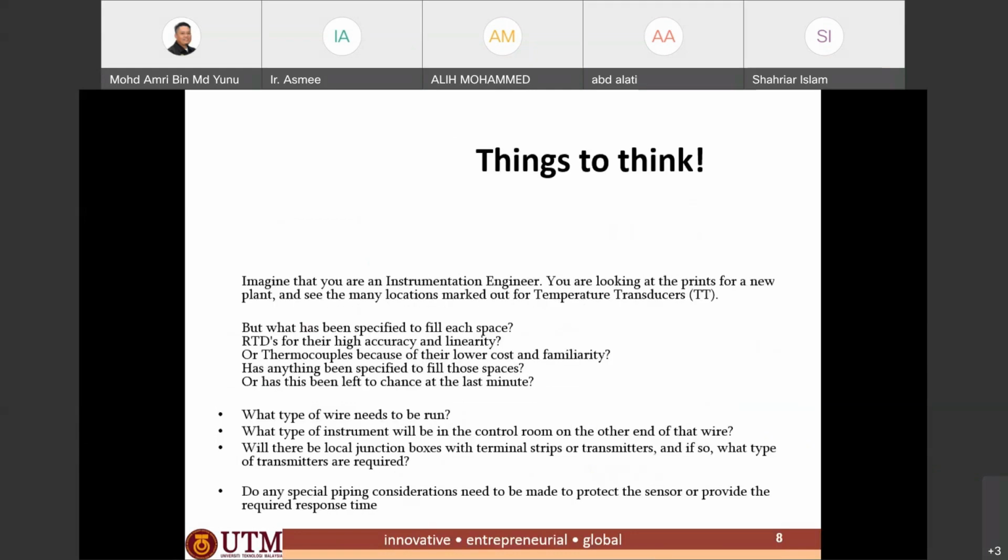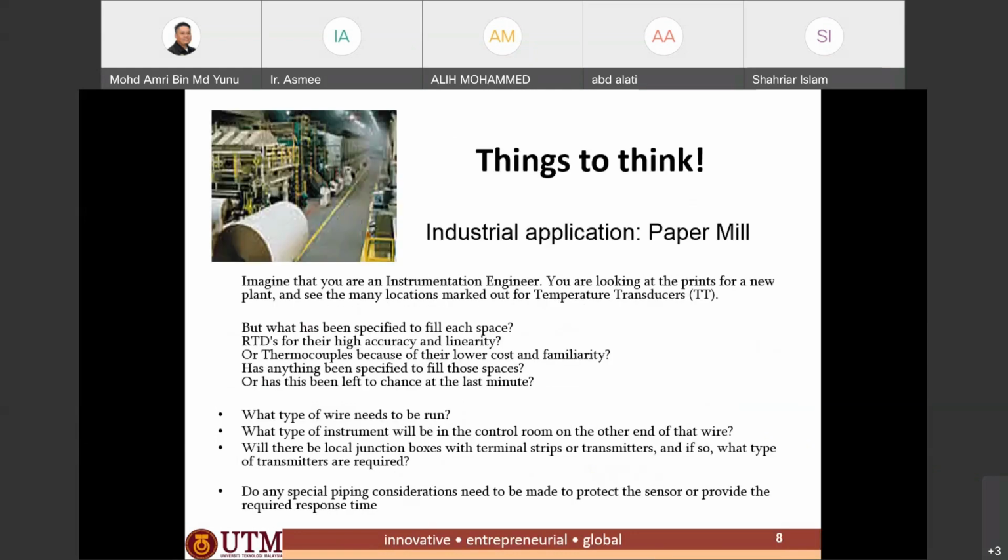Some of this, for example, an example in the paper mill, where you are required to replace the new temperature transducer on the paper mill.